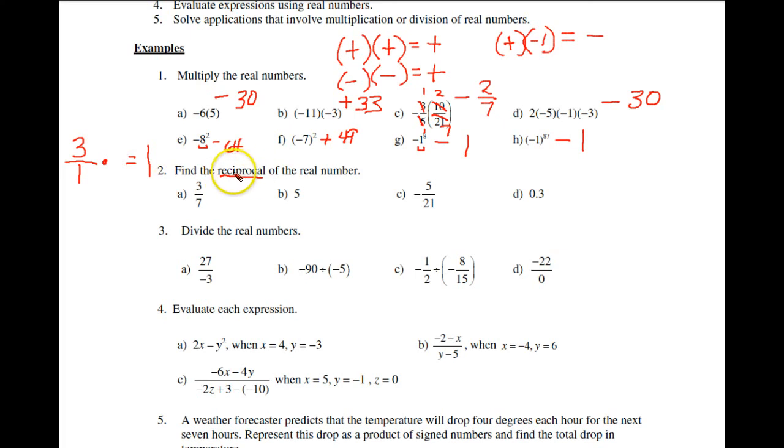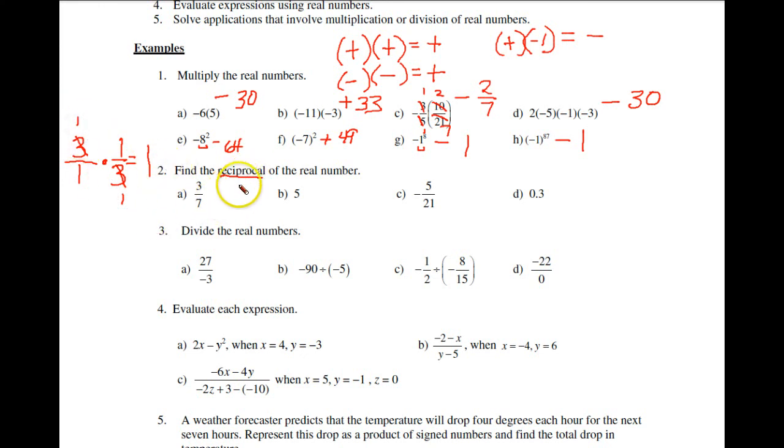Because that's the definition of a reciprocal: what we have to multiply something by to get a 1 as a product. Well, normally we say just flip this. So this becomes 1 over 3. And then now the 3's cancel out, and your answer is 1.